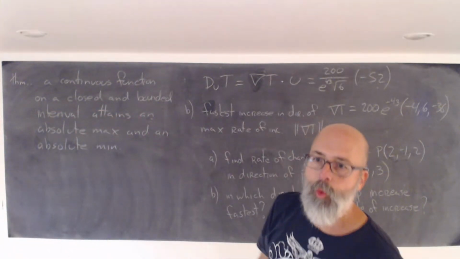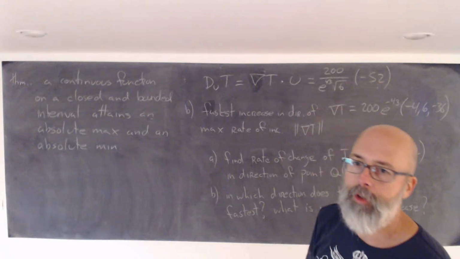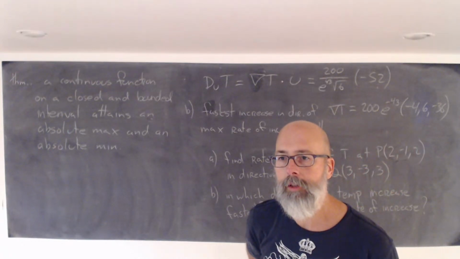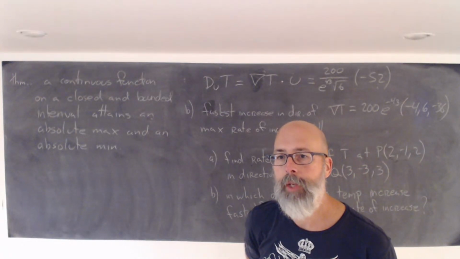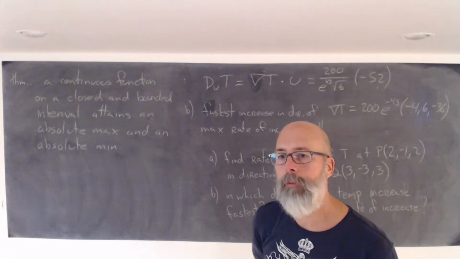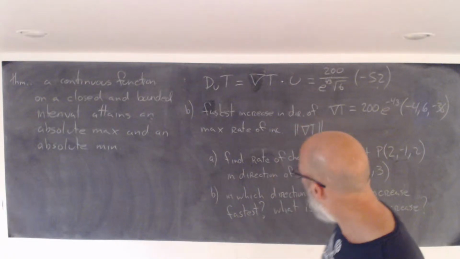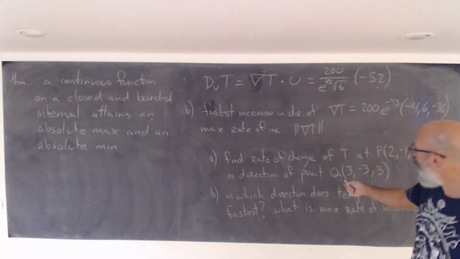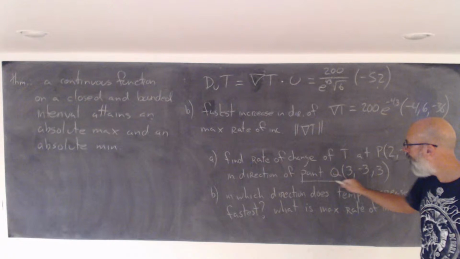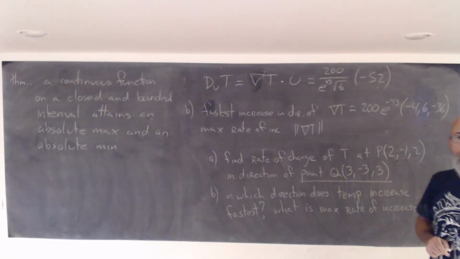Ethan is asking, why did we take the dot product between the vector PQ and the gradient at a point P instead of the dot product between the gradient at point P and the unit vector Q? Q was not a vector here. Q was a point.